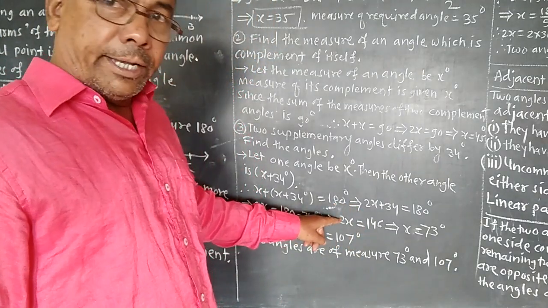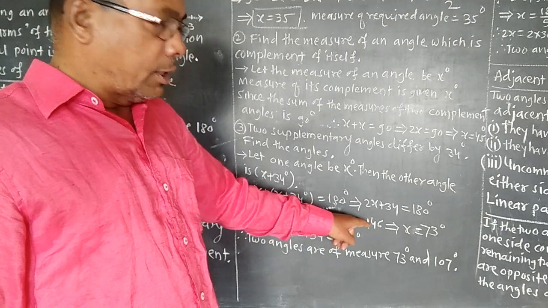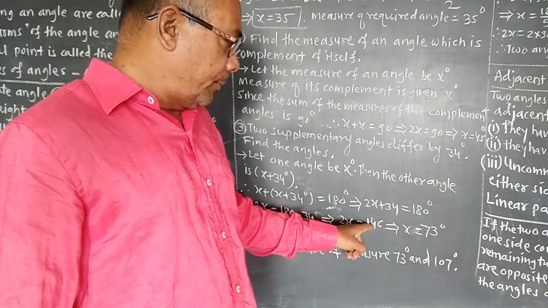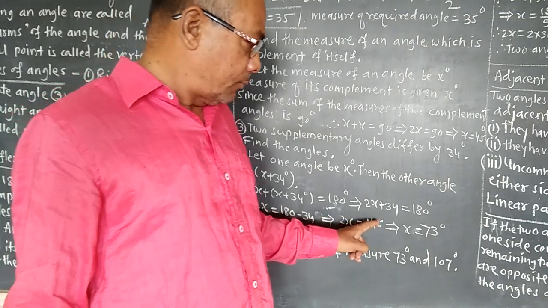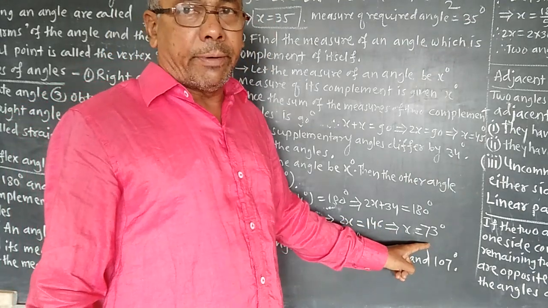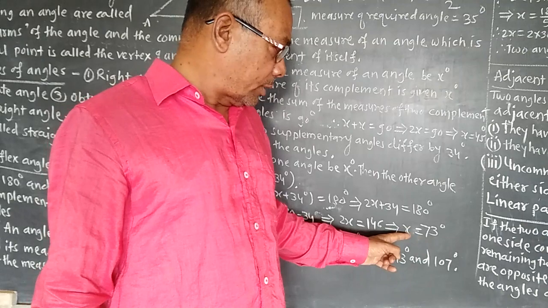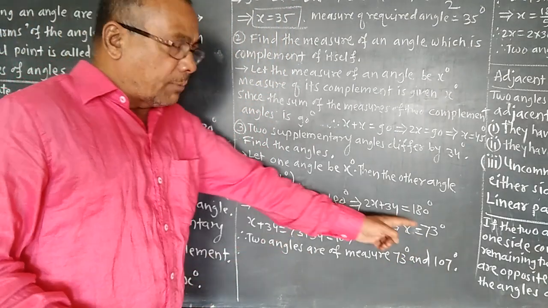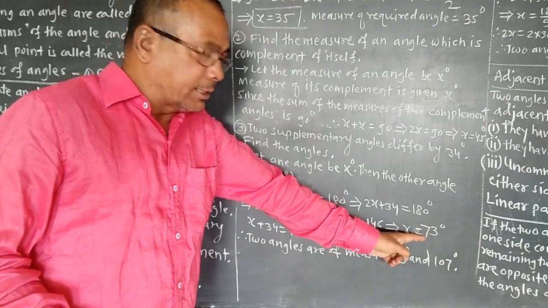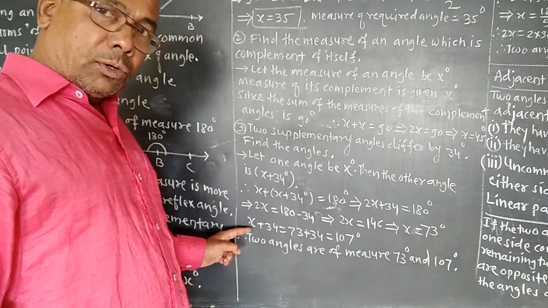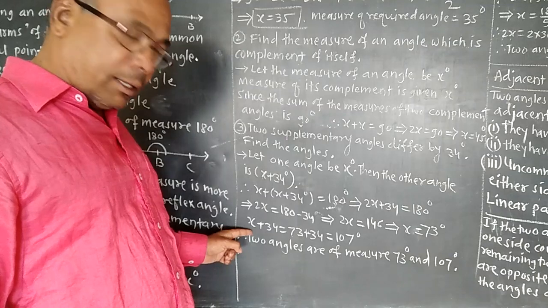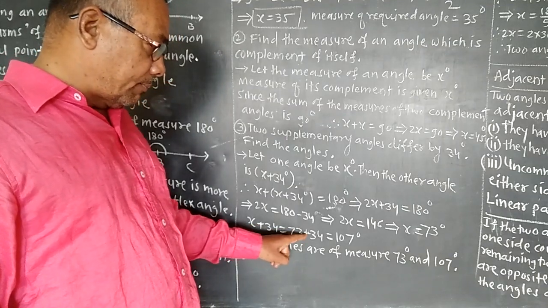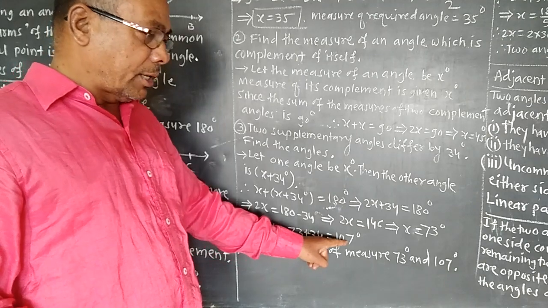If we take 2 to the other side, it will divide. So x is equal to 146 upon 2, which is 73 degrees. If the first angle is 73, then the supplementary angle, x plus 34, is 73 plus 34, that is 107.